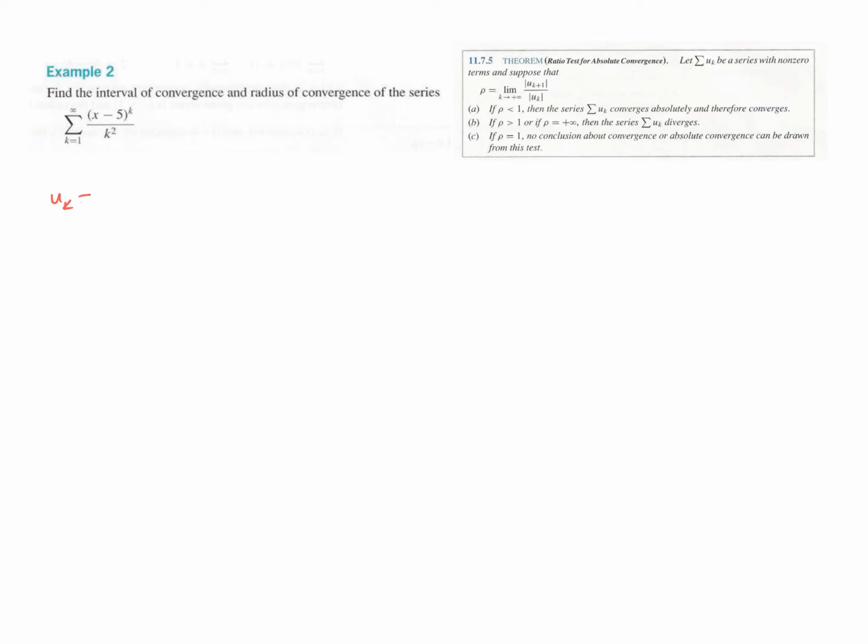So general term, pretty much handed to us. It's x minus 5 to the k over k squared. K plus first term, x minus 5 to the k plus 1 over k plus 1 quantity squared. Look at the limit as k goes to positive infinity, k plus first term over the kth term.